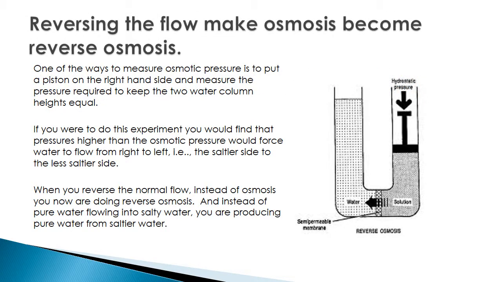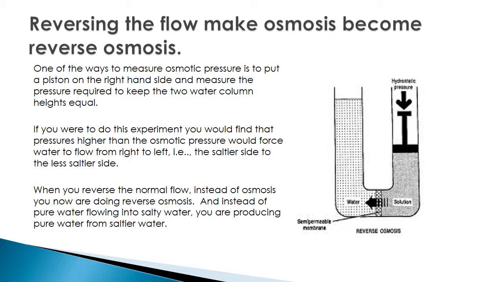One of the ways to measure osmotic pressure is to put a piston on the right-hand side and measure the pressure required to keep the two water columns' heights equal. If you were to do this experiment, you would find that pressures higher than the osmotic pressure would force water to flow from right to left, i.e. the salty side to the less salty side.